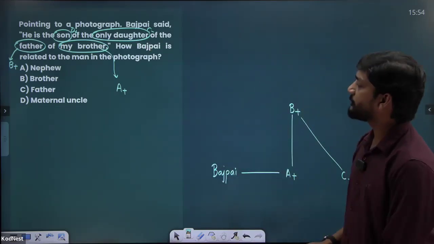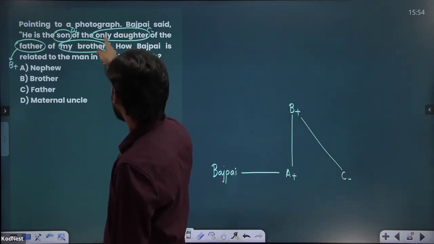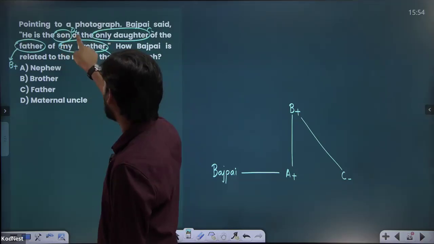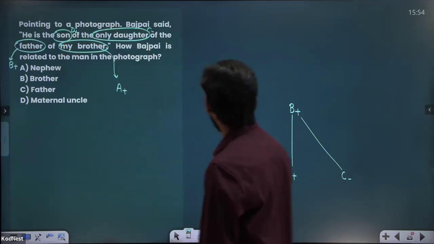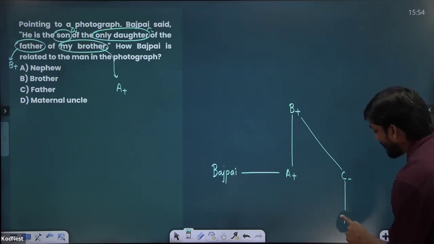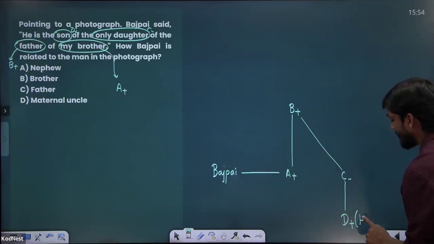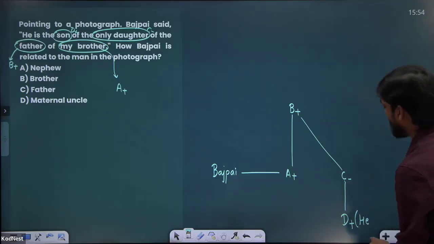Okay, next one. I've taken the only daughter, that is C minus. Now I have to draw son of C minus. So son of C minus will be one generation below, that is D plus. And he is the son, that means this person is he, and this person is in the photograph.